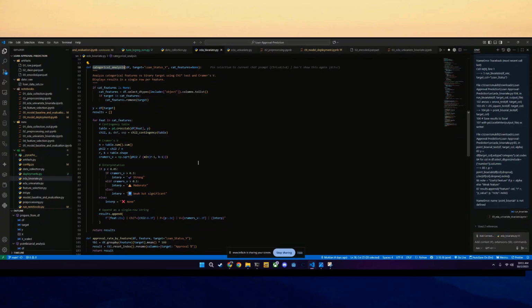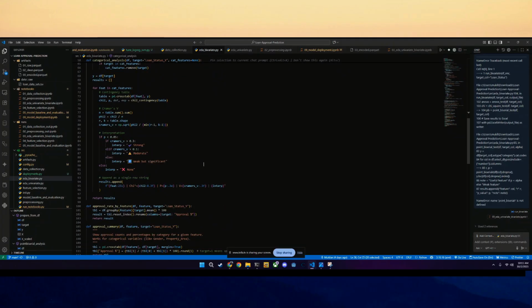If the values are higher, then that feature contributes more towards the model performance. In other words, whichever feature has the higher value contributes more to the loan approval.